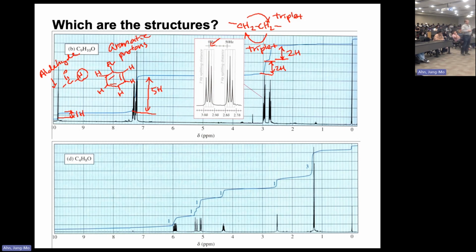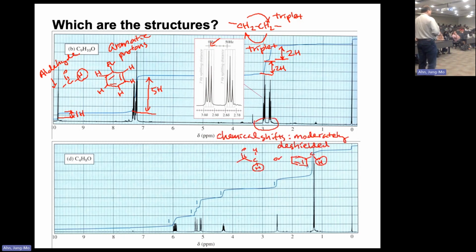So from this one, let's talk about other things. Why are they at 2.7 and 2.9? Their chemical shifts are very similar to each other's. What typically makes hydrogens appear between 2 and 3? There are 2 things that make that happen: hydrogen next to a carbonyl, or hydrogen next to the benzene, like a benzylic hydrogen.